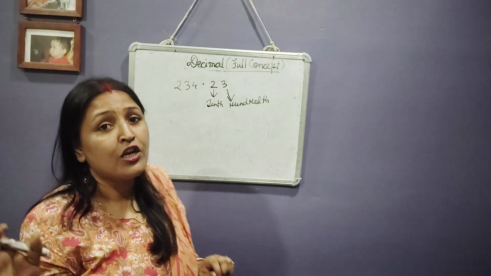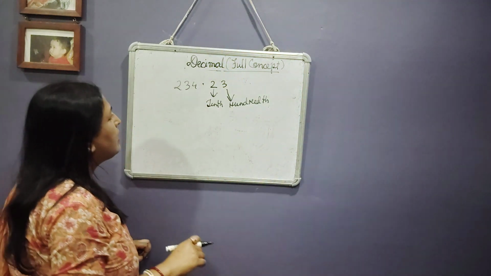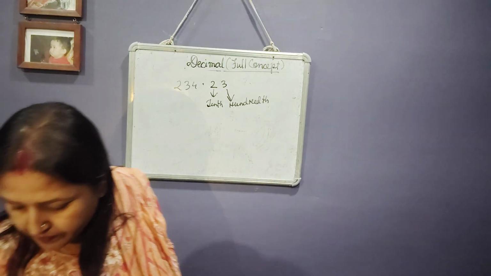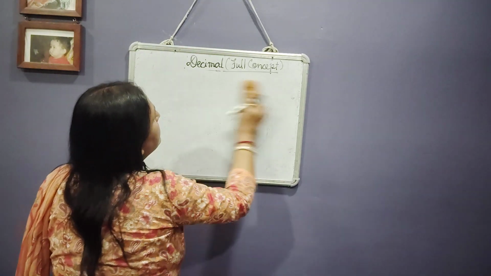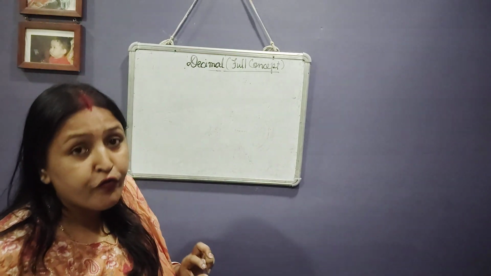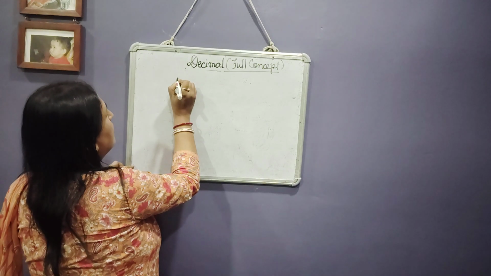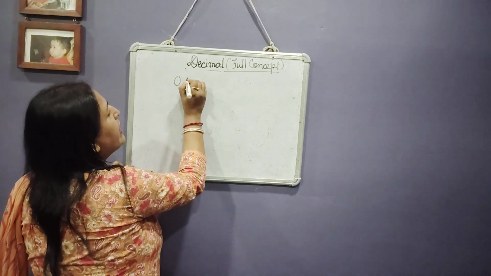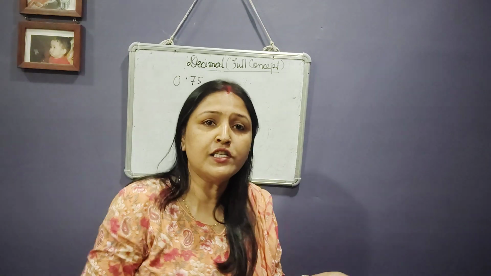Always give th. Why has this th been given to you? Say, for example, if you want to convert a decimal number to a fraction, take 0.75. First you read the number.